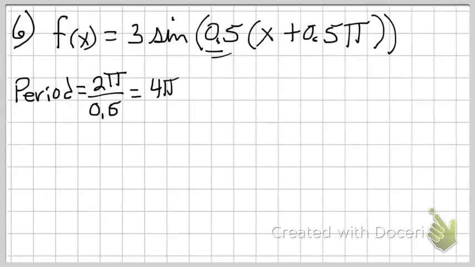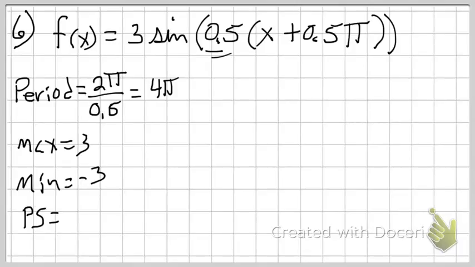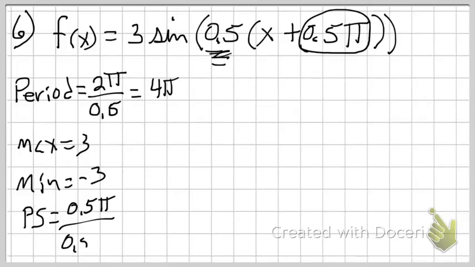So the period is 4 pi. The maximum is 3. The minimum is negative 3. The phase shift is 0.5 pi, this constant, divided by this constant, 0.5, and that is pi.